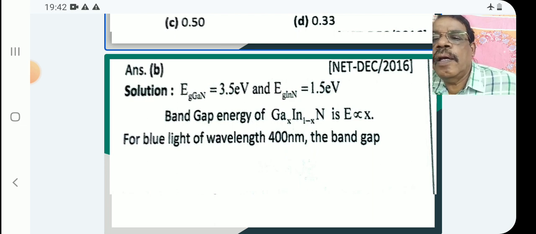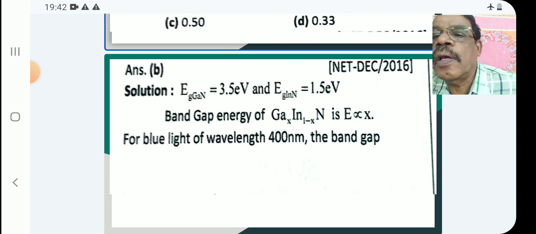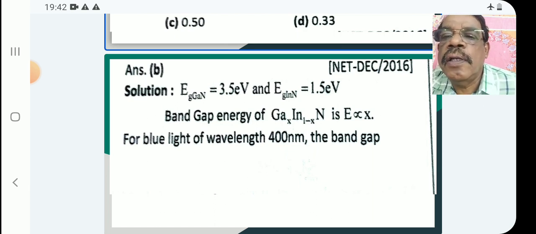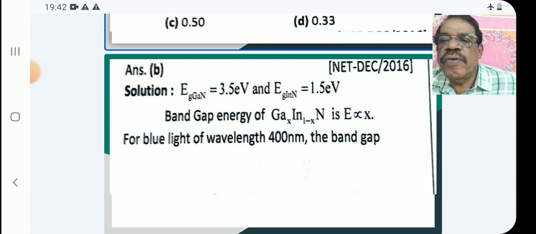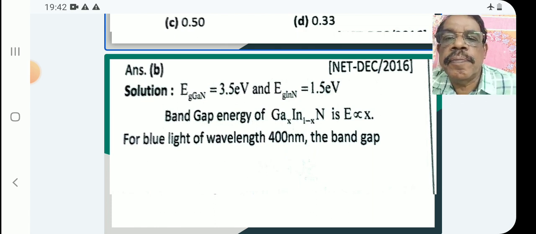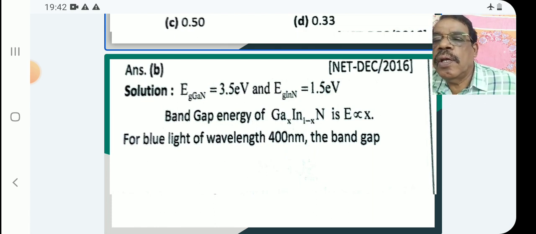B, the energy gap, EG, of gallium nitride is 3.5. Energy gap of indium nitride, 1.5 eV. Band gap energy of gallium indium nitride is X, E proportional to X. That's the equation.